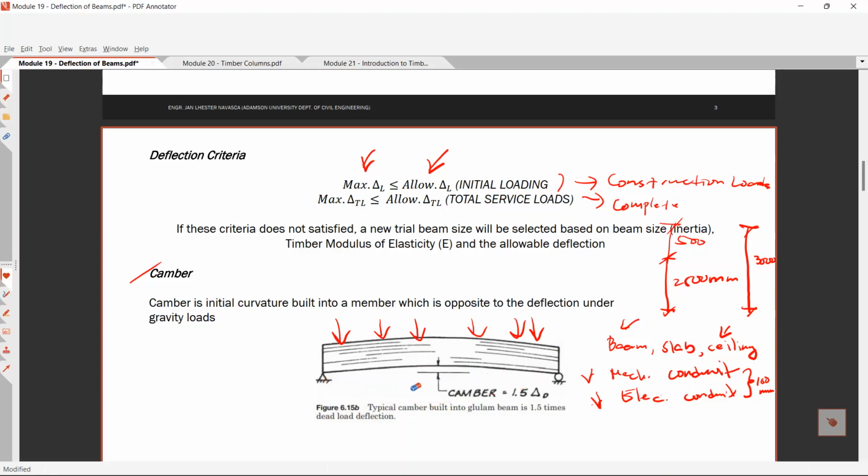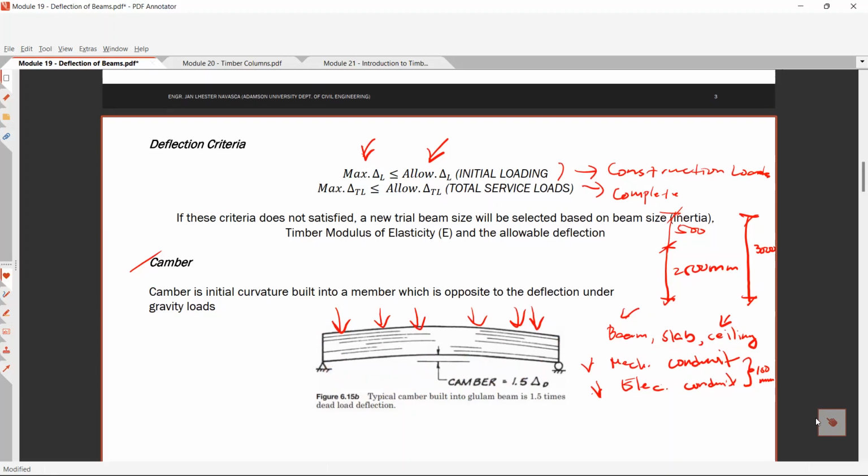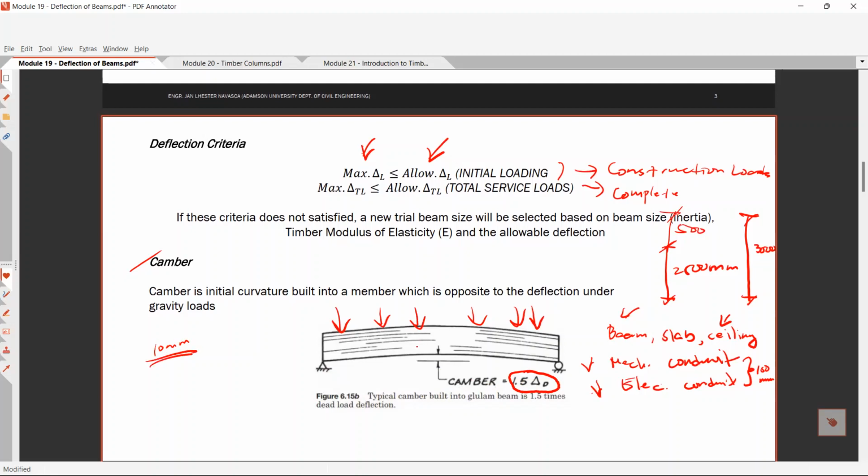Okay, however, hindi ka rin ganun basta magre-recommend ng cambering kasi meron niyang limit. Meron kang limit na 1.5 delta D. Ibig sabihin, yung maximum cambering mo lang is 1.5 times the dead load deflection for a typical camber sa glulam beams or glue laminated beams. Okay? So for example, meron kang deficiency na 10 millimeters para pumasa doon sa deflection requirement.